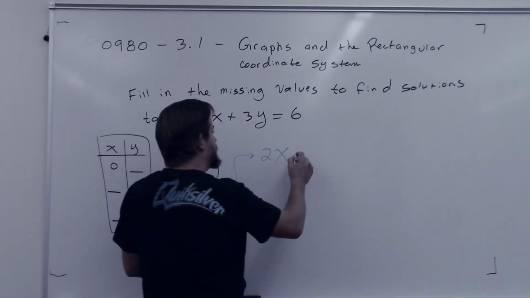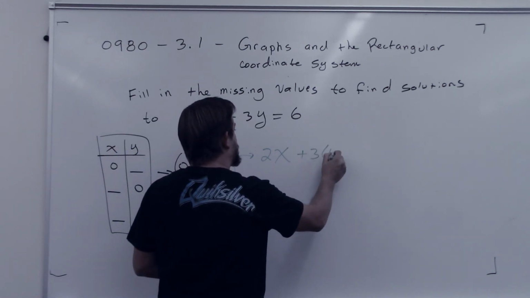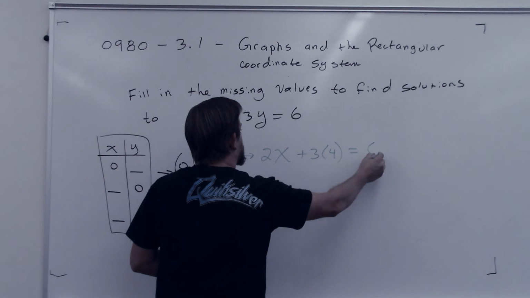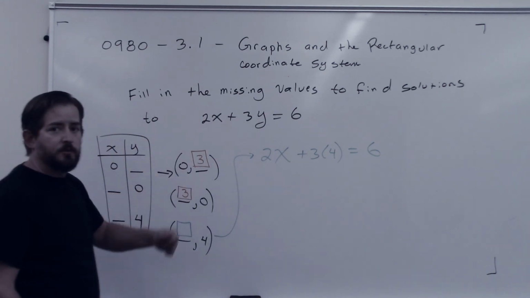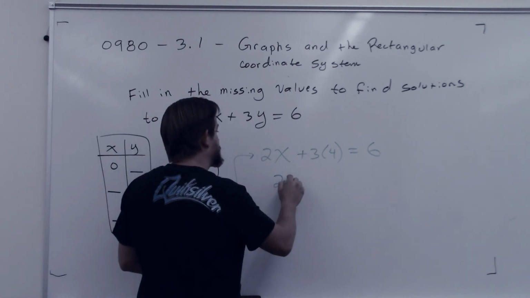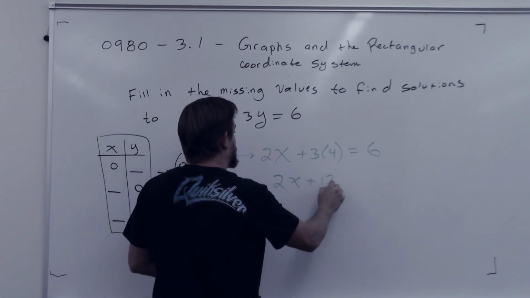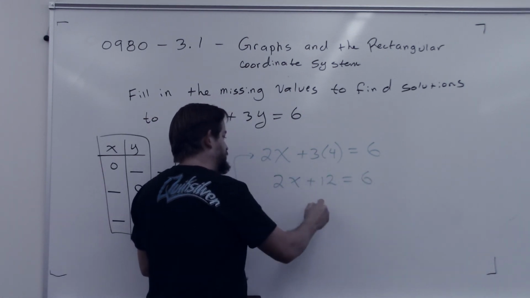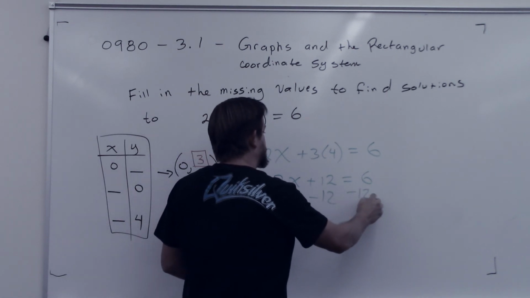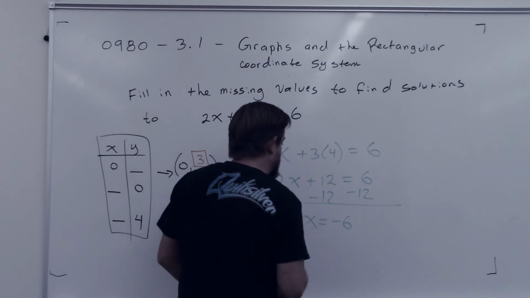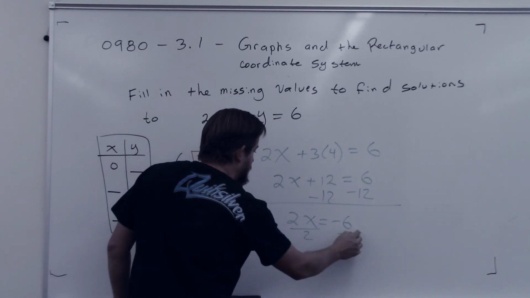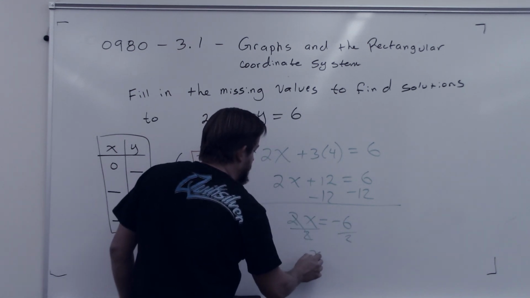Plus 3y, but y is 4 for this point, equals 6. 3 times 4 is 12, so this becomes 2x plus 12 equals 6. Subtract your 12 from both sides. This gives me 2x equals negative 6. And then divide each side by 2, and you can see that x is negative 3.